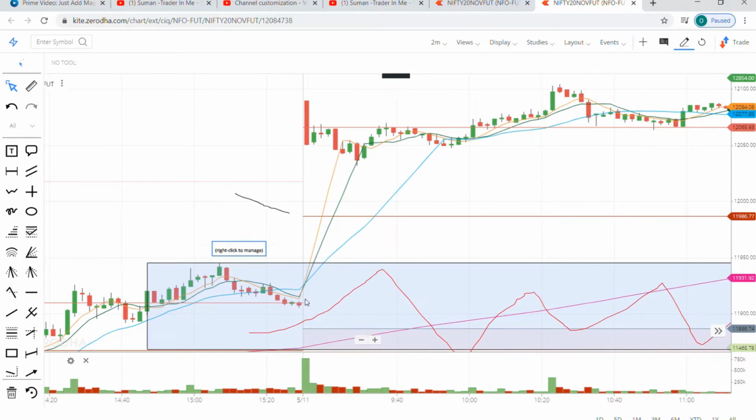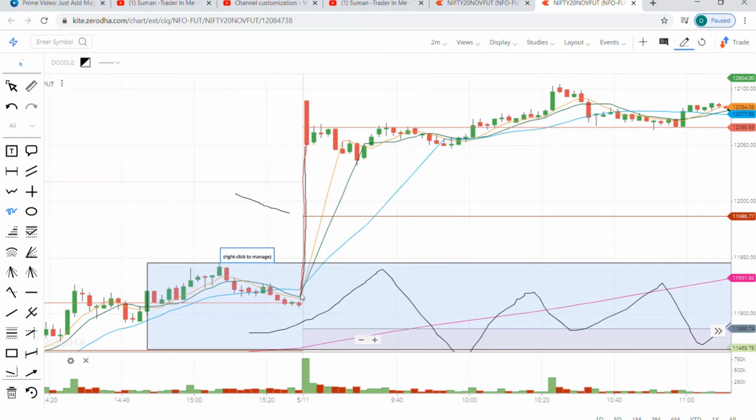Now you see. So what does this mean? Yesterday's candle closed here, but today's first 2 minute candle in the morning is formed like this. So how do you understand a particular candle? I'll make a separate video for understanding candles, but for this time I will consider this particular candle as a bullish candle, meaning the candle has risen from here to here, and this entire portion is a green portion for me.